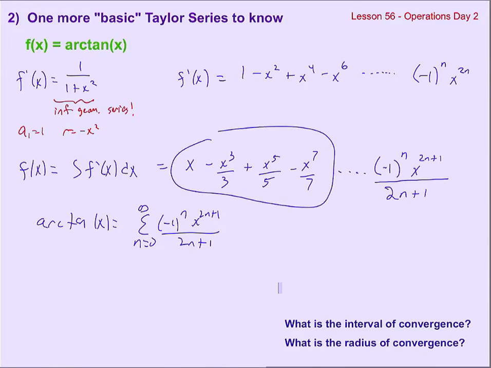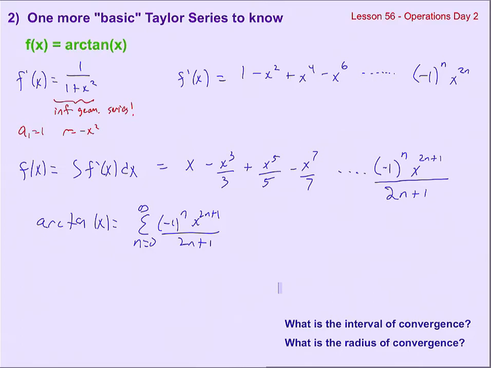It's alternating signs, and both exponents and denominators are simply just odd numbers. Notice how there's no factorials involved here, unlike the e and the sine and the cosine. It's more like the ln of x, where our denominators are just plain numbers. But unlike the ln of x, it's only the odd numbers.